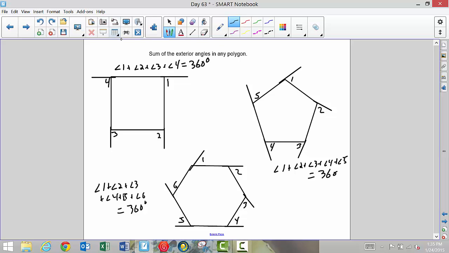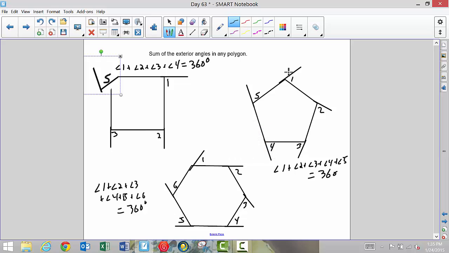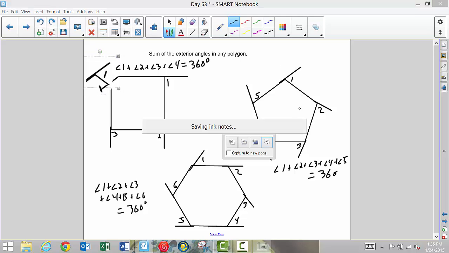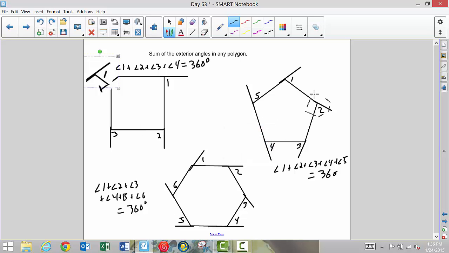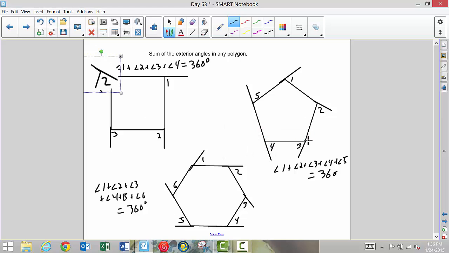And I'll see if I can actually show you. So if I take my angles, I'm going to circle 5 there, and I'll circle 1, and 2, and I'll show you that if I connect all these angles, I can make a circle, and a circle has 360 degrees.